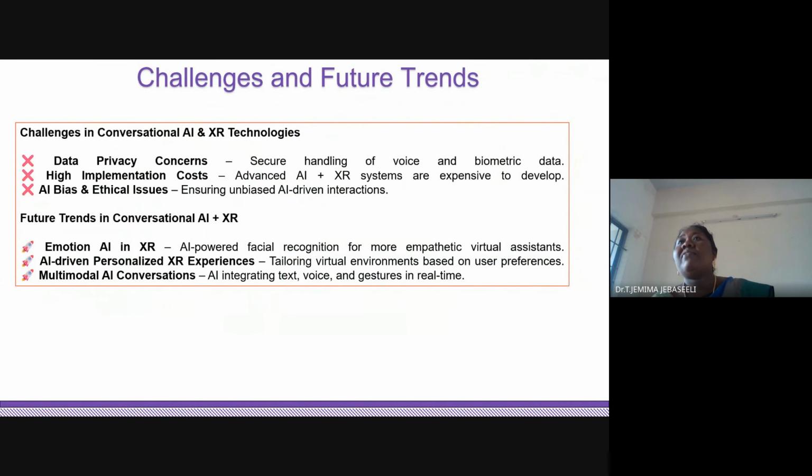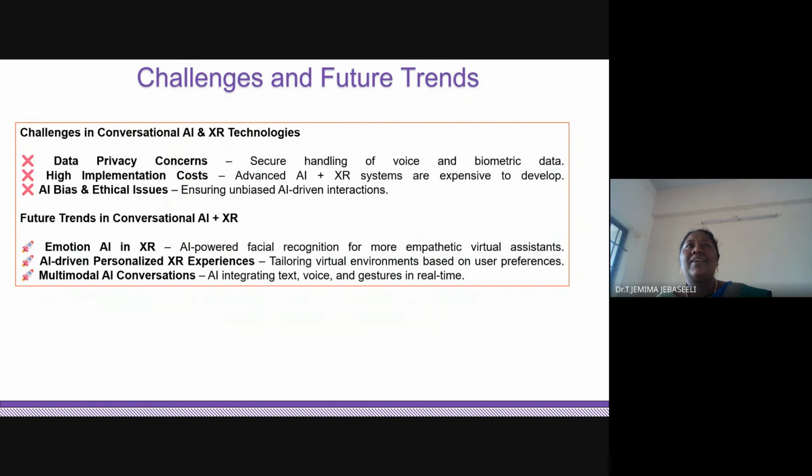Why we have to integrate XR, VR, AR technologies into a conversational AI application is that it gives you more feel. For example, if you want to buy a house and get more information, when you stand before a particular house, the AI application will give you more information.